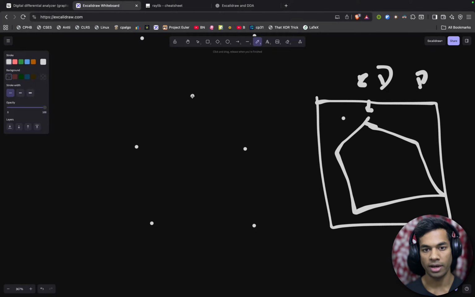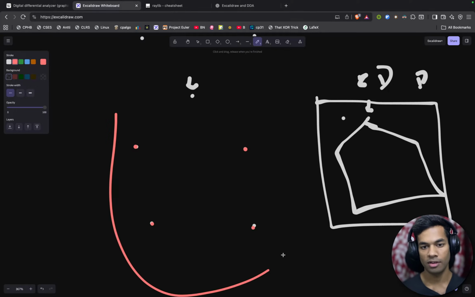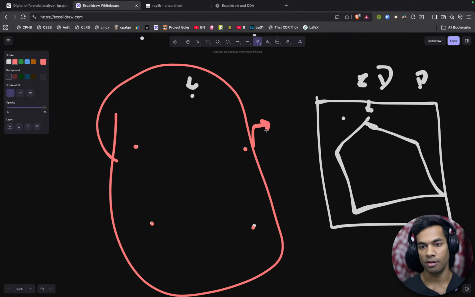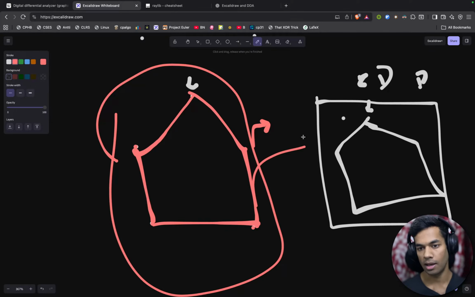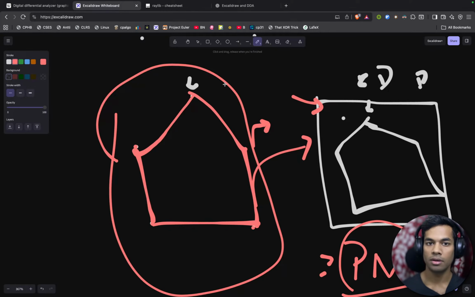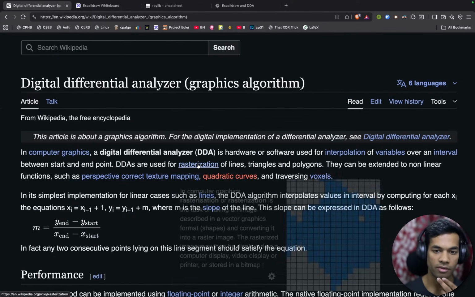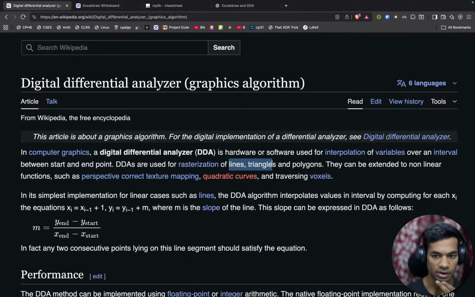We have a point in space, like a two-dimensional vector here, and this one is connected to another vector which is here, and also to this one, and this, and this. When we have this vector data, we want to represent it as an image. So we want to know which pixels will have what color in the final PNG or whatever the image format is. That process is called rasterization. Okay, that is nice.